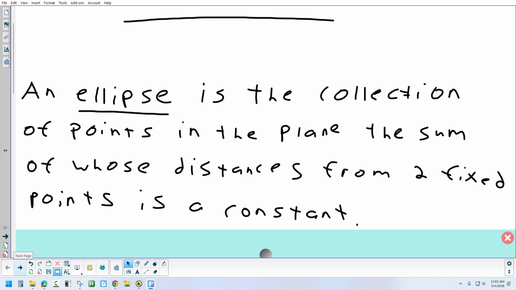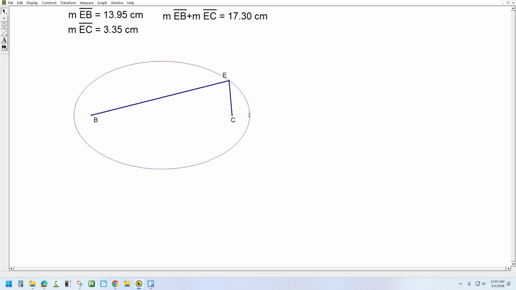So let me get a picture of an ellipse. Okay, so there's an ellipse. Point E is going to be a point that always travels around the edge of the ellipse. Points B and C are fixed, and they are inside the ellipse. I'm going to drag point E, and as I drag it, this distance and that distance will change.